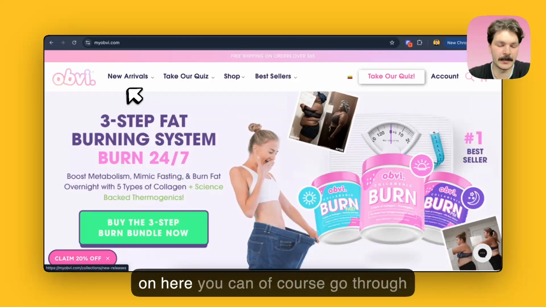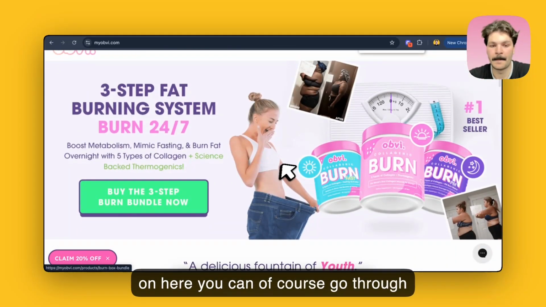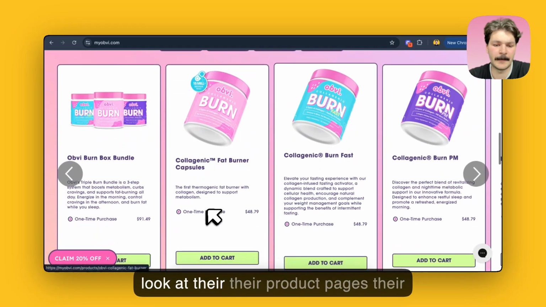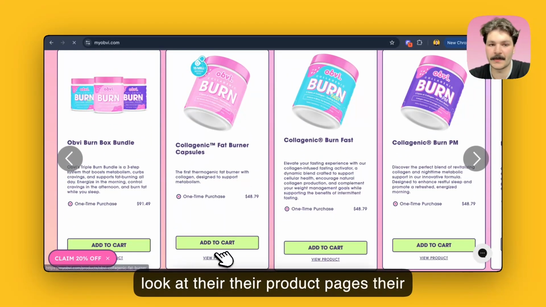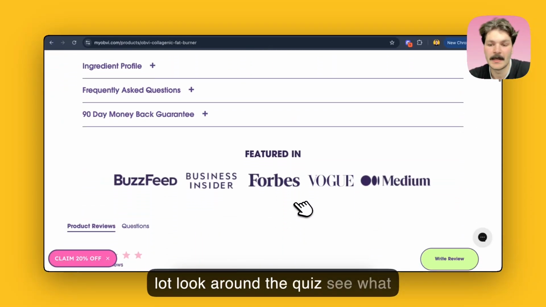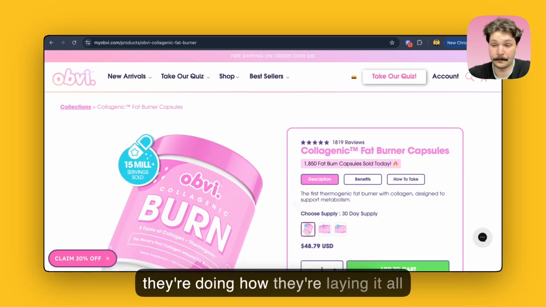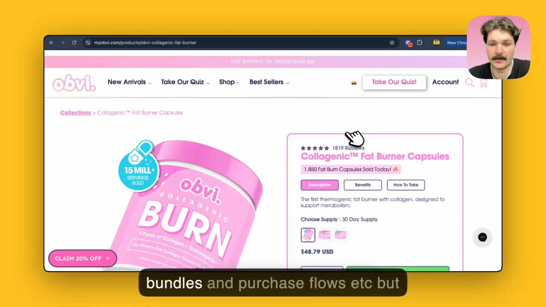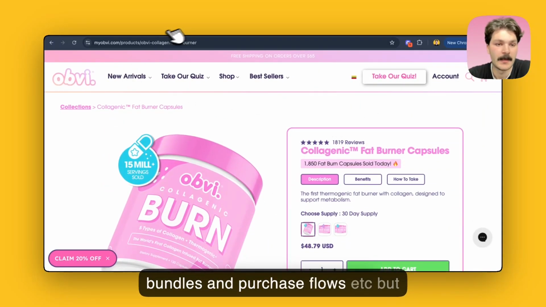So now you're on here. You can, of course, go through their funnel, take a look at their product pages, their carts. You can take a look around the quiz, see what they're doing, how they're laying it all out, how they're using bundles and purchase flows, etc.